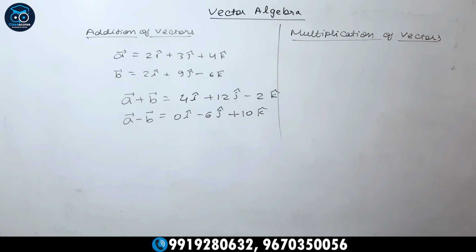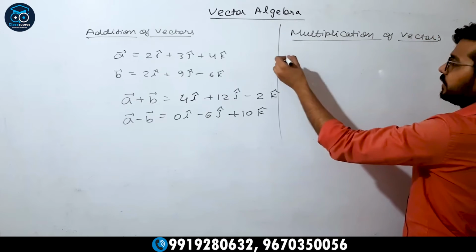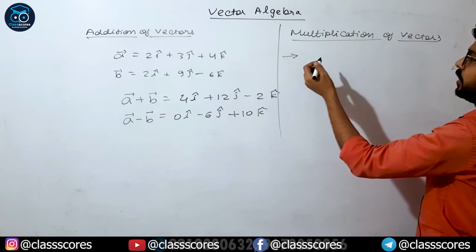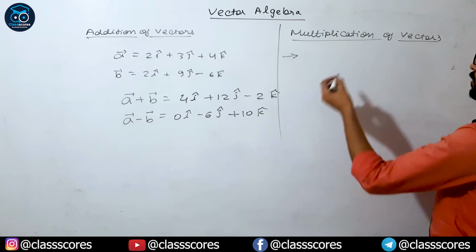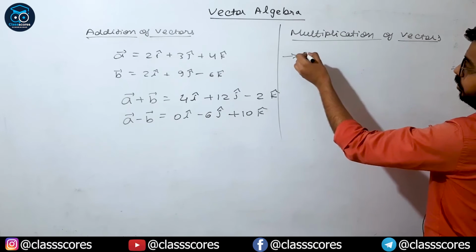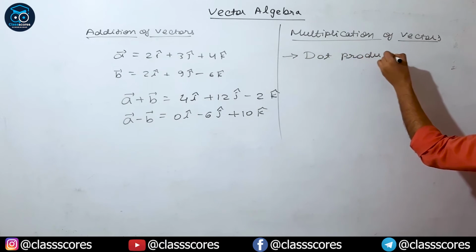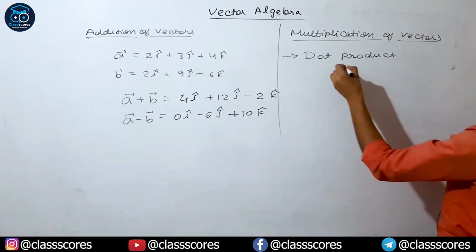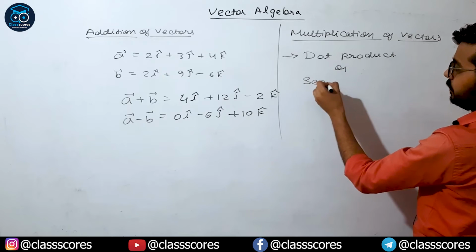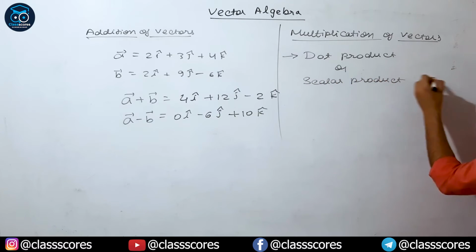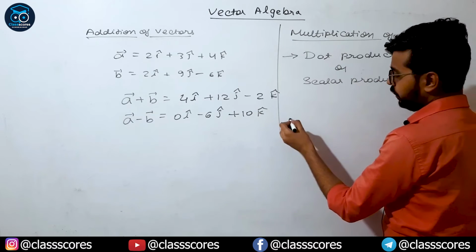Now multiplication will be done by two methods. There are two types of product available in vector algebra. One is dot product. It is also known as scalar product. It always gives you a specific value.